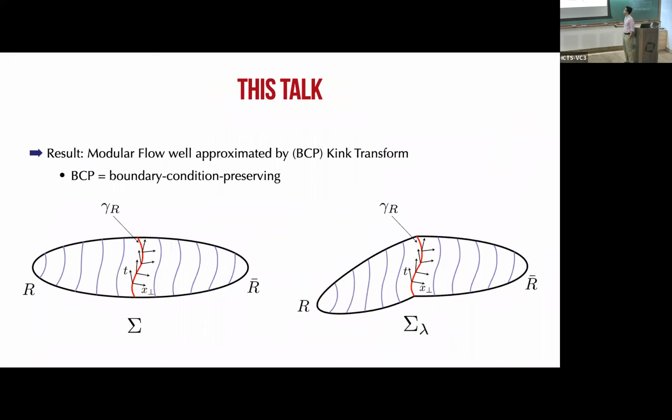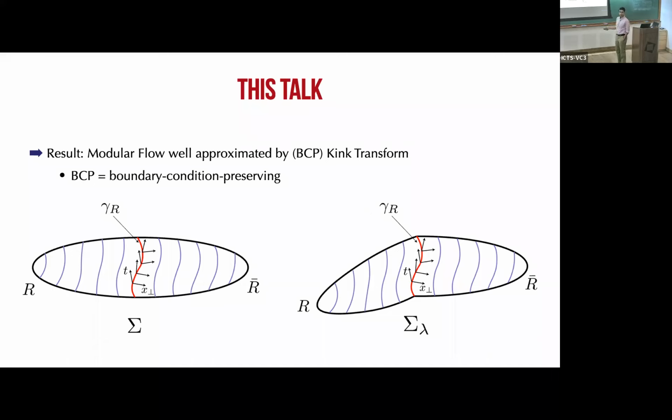Okay, so let me preview what this talk is going to be about. The result that I want to highlight is the following. It's basically to say that one-sided modular flow is well approximated by what we call the kink transform, with some caveat that this kink transform is boundary condition preserving. What this means is the following.